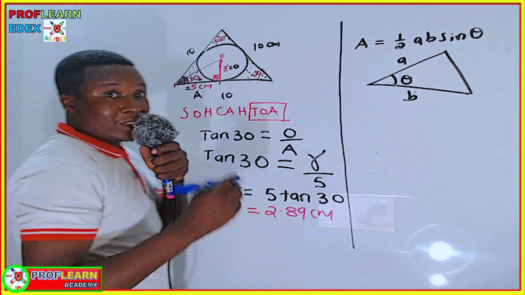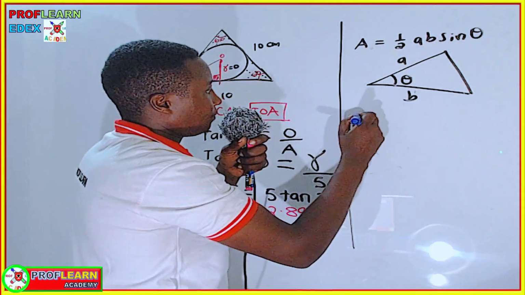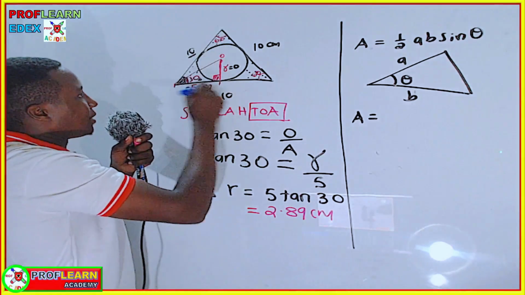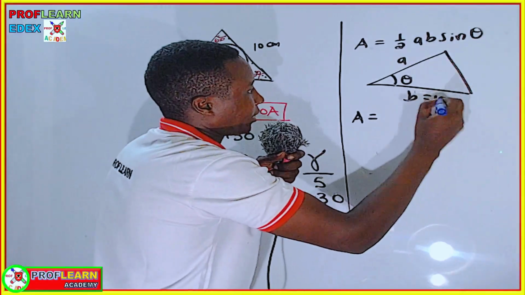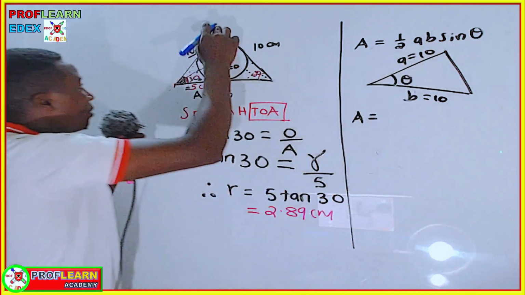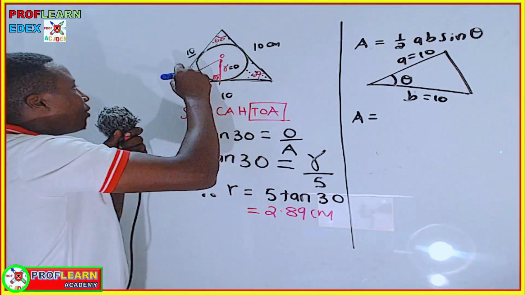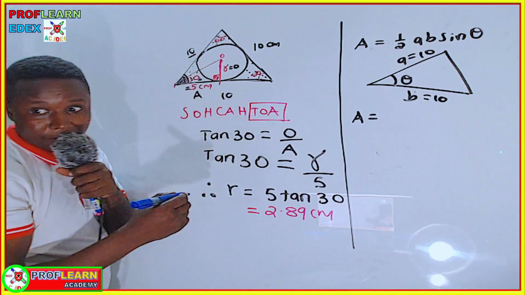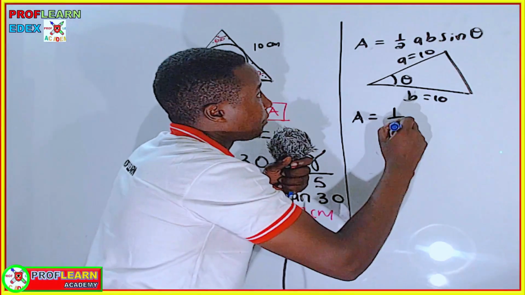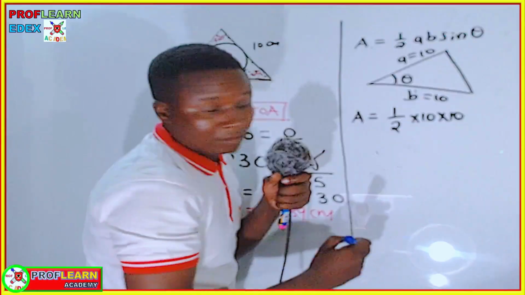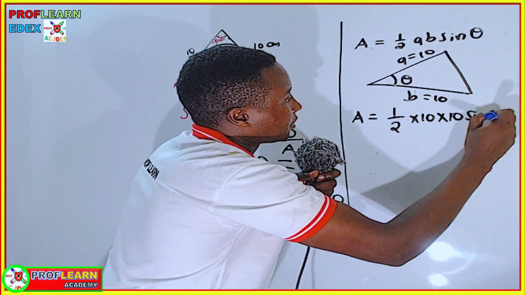This side is 10, this side is 10, and the angle formed is 60 degrees, so it is a half times 10 times 10 times sine 60.